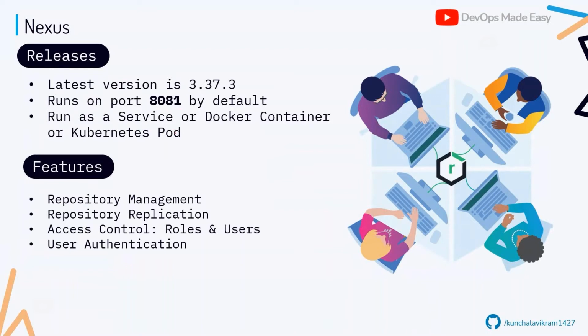Nexus you can run as a system service controlled through systemctl. Also you can run it as a Docker container, which we had seen in the Docker sessions. You can run it also as a Kubernetes pod deployed through Helm charts. Helm charts are the most preferred way of deploying apps.